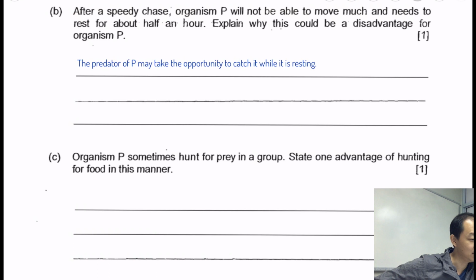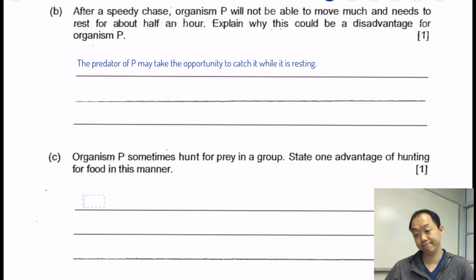So they're marinated. Okay, so P sometimes hunt for prey in a group. State one advantage of hunting for food in this manner. Why is it good to hunt in a group? Hunt in a group for what? Why hunt in a group? Increase what?